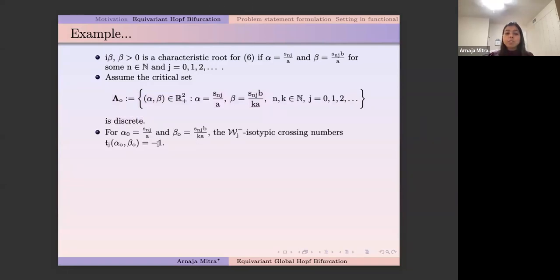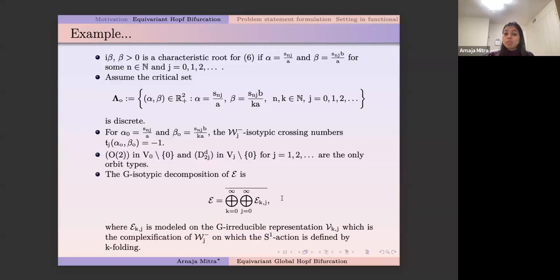Moreover, we find that for such alpha naught, beta naught, my Tj is minus 1. That means the crossing number has a negative sign, which we will need in our result later. Moreover, we find that O2 and Z2 are the two types of orbit we got. What an orbit is, we will come to know in the next slide.